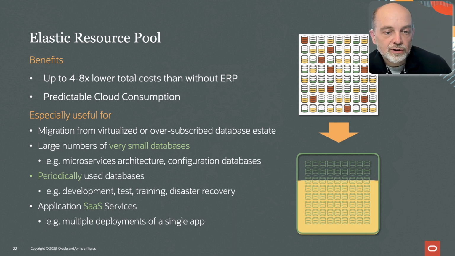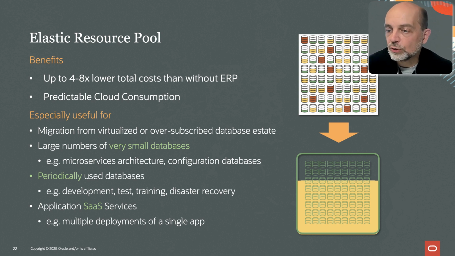You can see there at the bottom, I've got a list of things where it becomes very, very effective. So if you have very small databases where they're infrequently used, or maybe they are peaky databases which are only used 1 or 2 days a month, or maybe test and development services which are only active for part of a month. All of these are really, really good candidates for elastic resource pools, because they enable you to leverage that 4 times cost reduction.